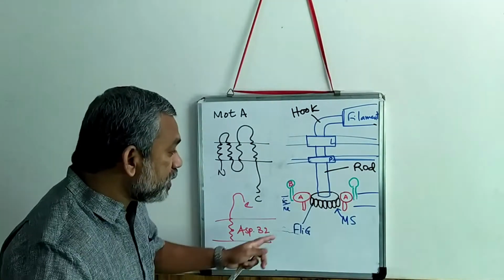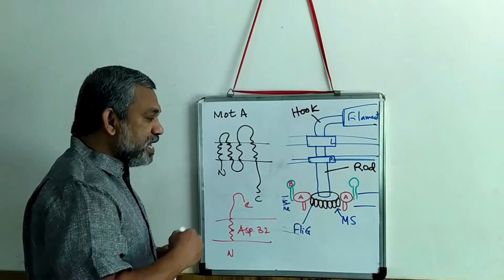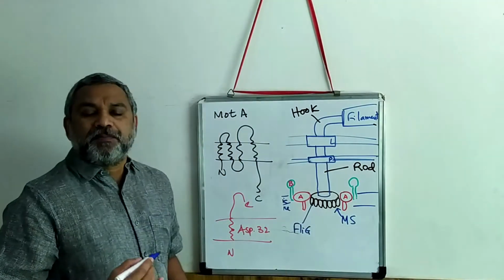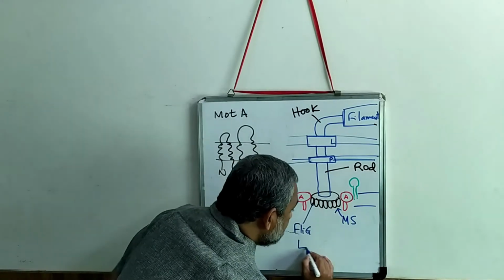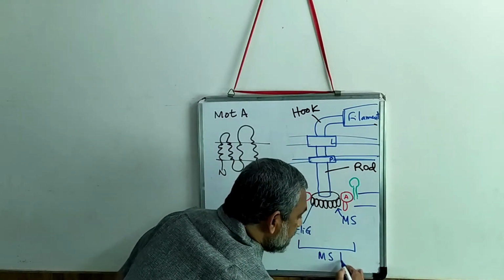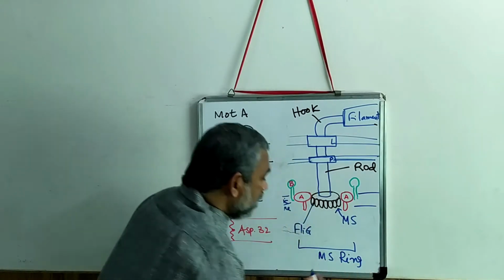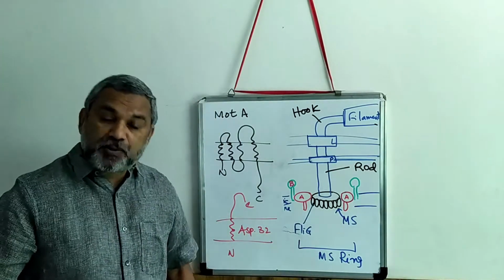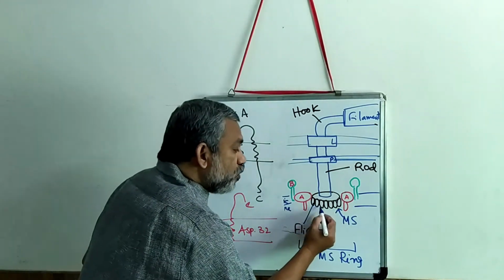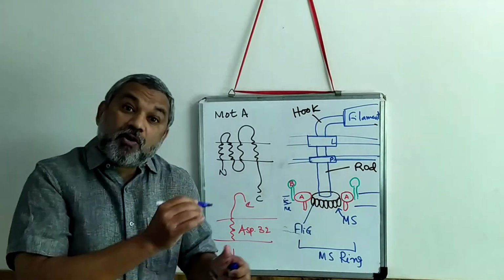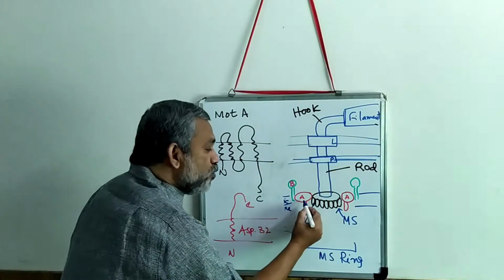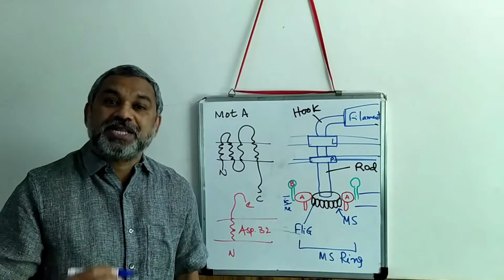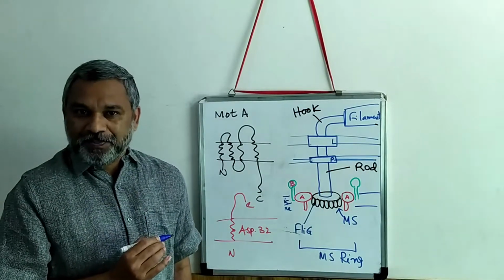Other important proteins in the motor form part of what we call the MS ring, that is the Fle-G protein. And Fle-G proteins, all these black ones, there are about 30 of them arranged in a circle. Surrounding that, you will have MOT-A and MOT-B proteins.